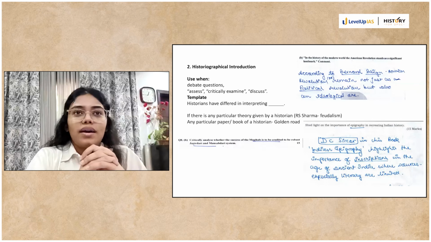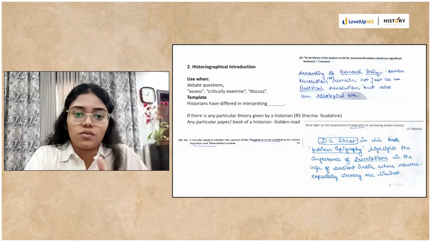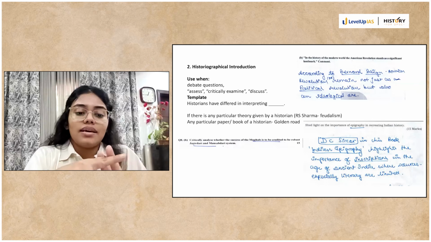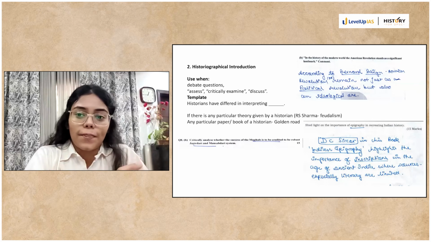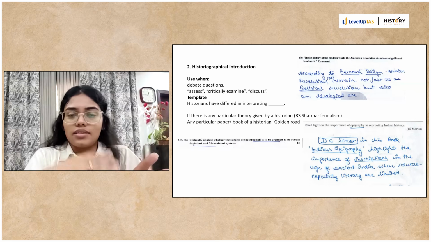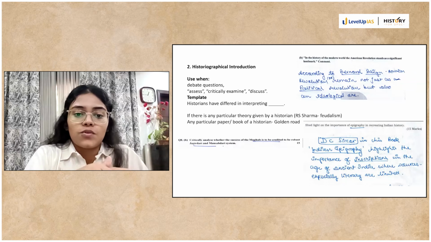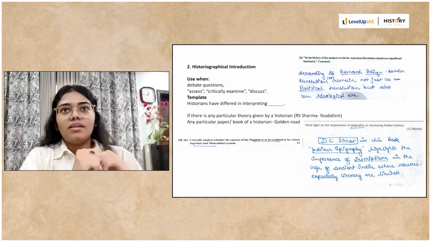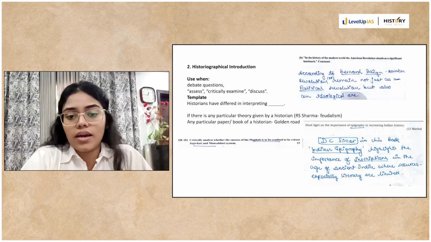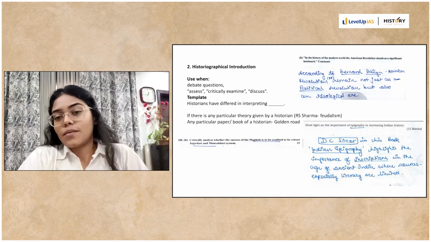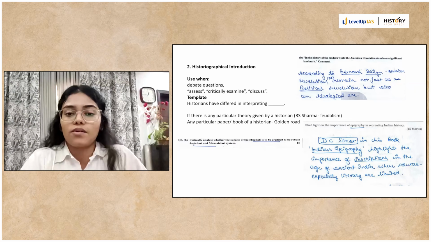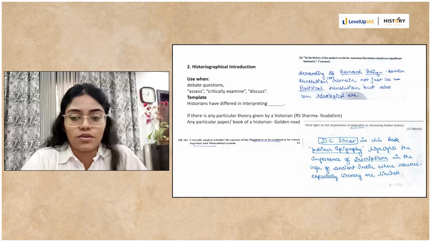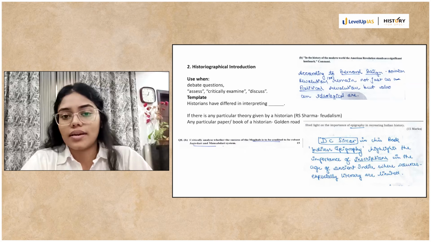So this first provides an anchor to the answer, and secondly, the examiner will know that you have read a lot about the historian and his arguments, right? Especially when it's a debatable question, you can very well answer with a historiographical introduction. When it's a debatable question, it becomes all the more relevant because you have to give the views of different historians, so it's better to start with it.